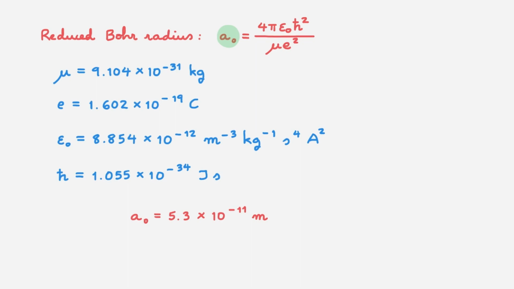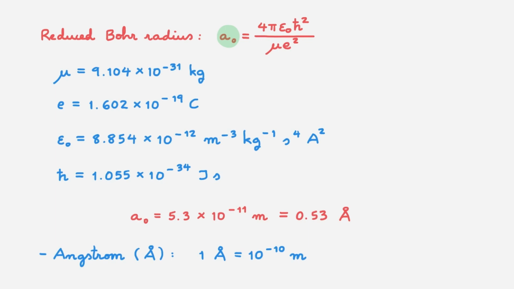Just like we found in the case of the ionization energy, SI units are not ideal to describe atomic parameters, and we will instead use the angstrom, which is abbreviated as a capital A with a small circle at the top. 1 angstrom is defined as equal to 10 to the minus 10 meters. So, with those units, the reduced Bohr radius is equal to 0.53 angstrom.